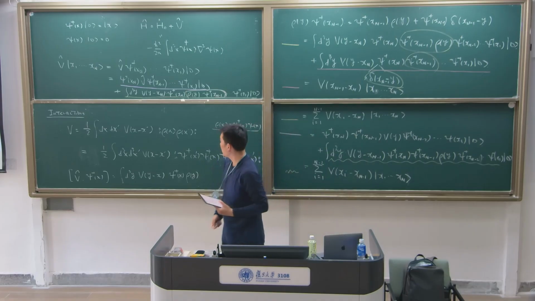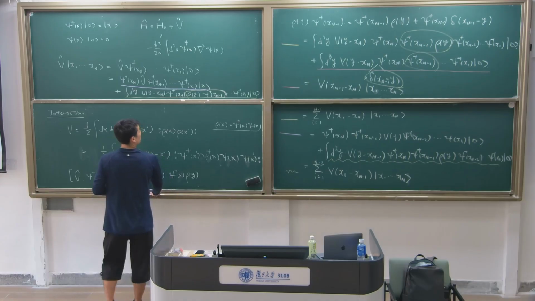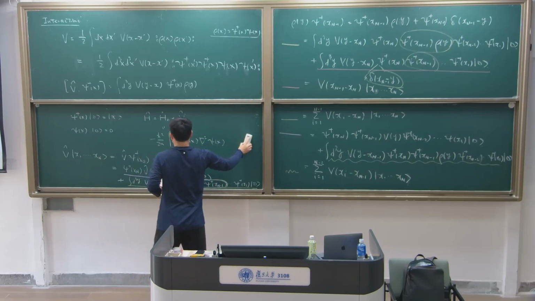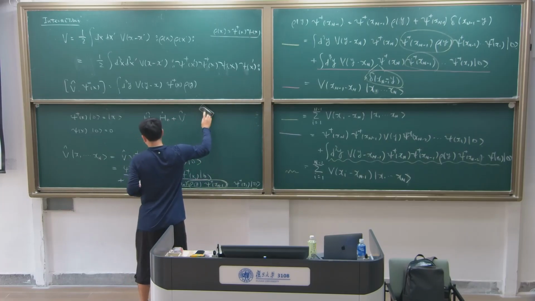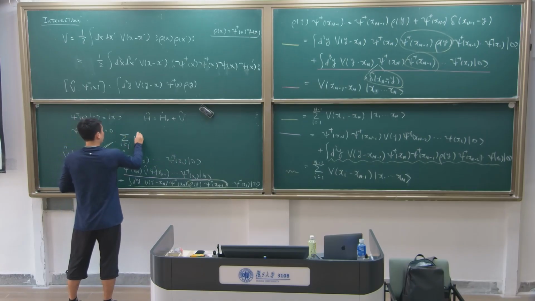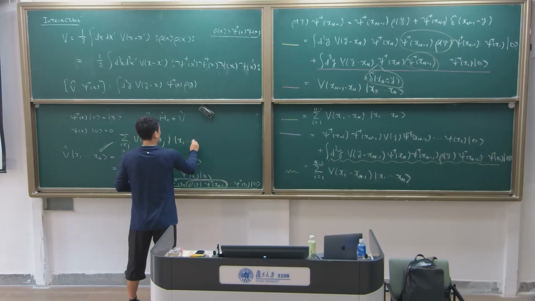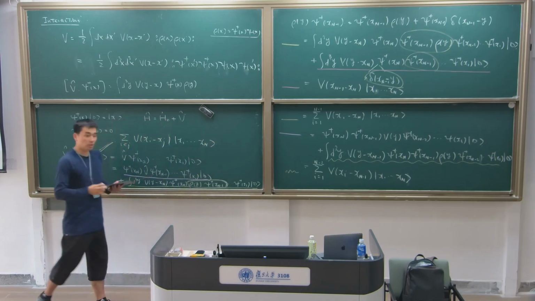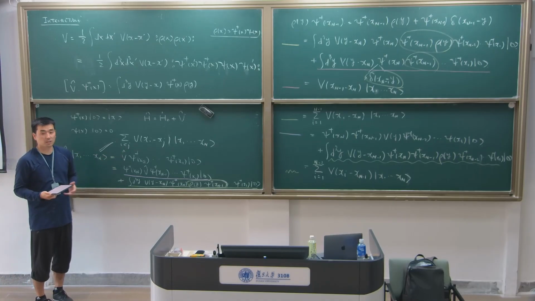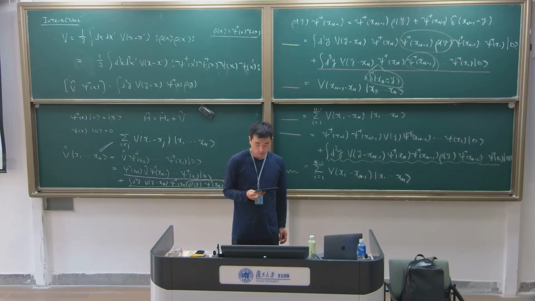And eventually what you get is that here the half is equal to sum over i greater than j, b of xi plus xj, and then x1. That's what you get. So the only condition is that i greater than j. Any question at this moment?